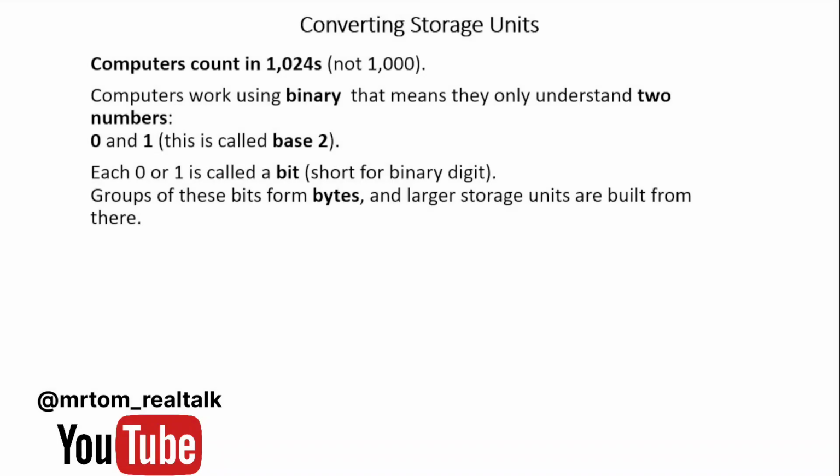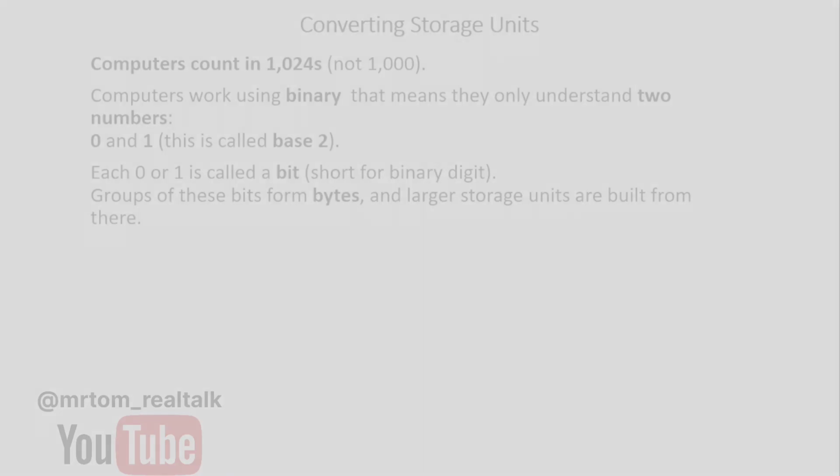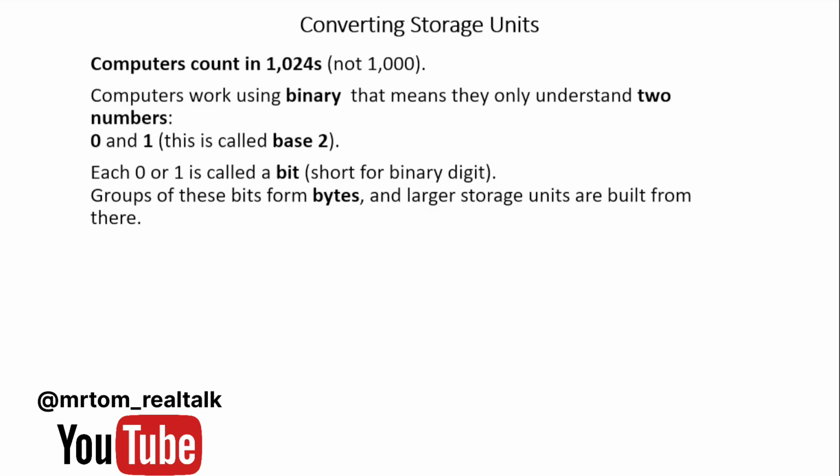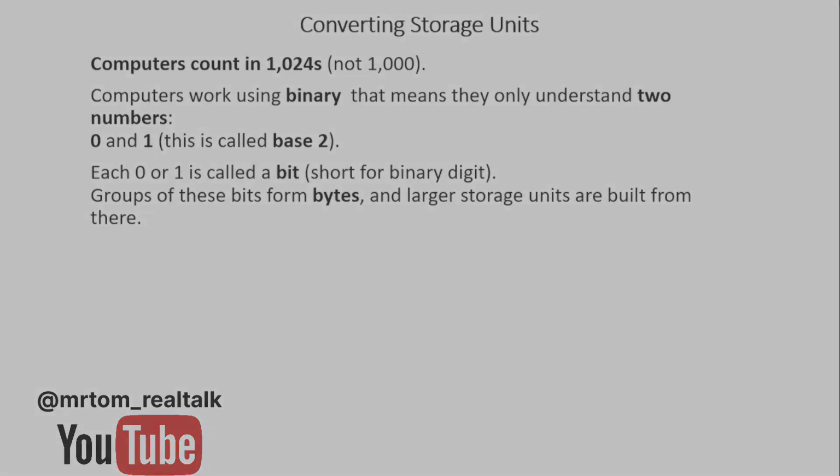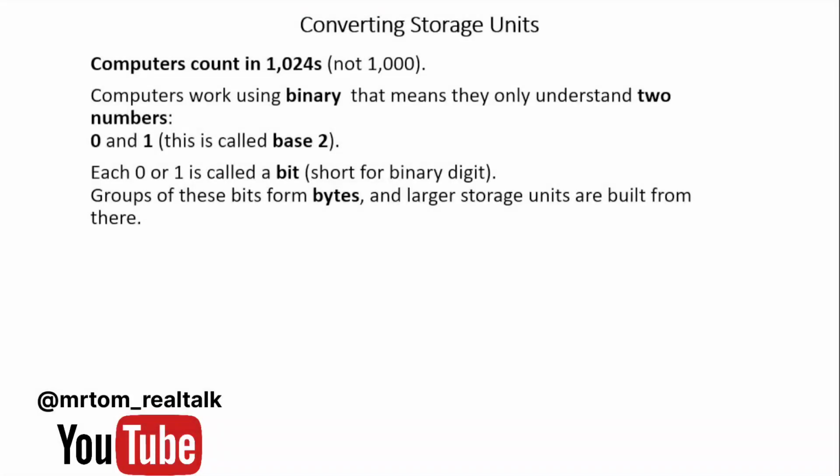Converting storage units. Computers count in 1024, not in 1000. A computer works using binary. That means that it only understands two numbers, 0 and 1, and this is called base 2.